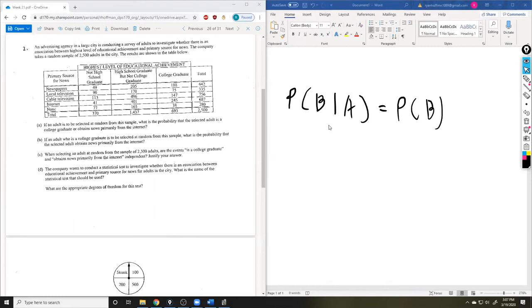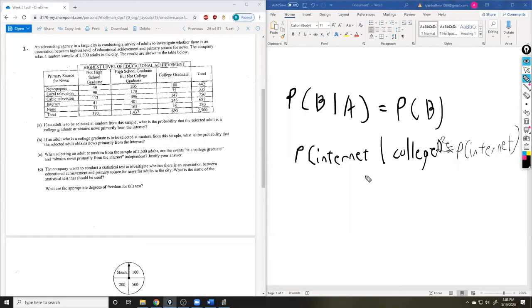Okay, so in this case, if we wanted these things to be independent, then here's what should hold. The probability of, well, let's use the probability that we just found, internet given college, equals probability of internet.